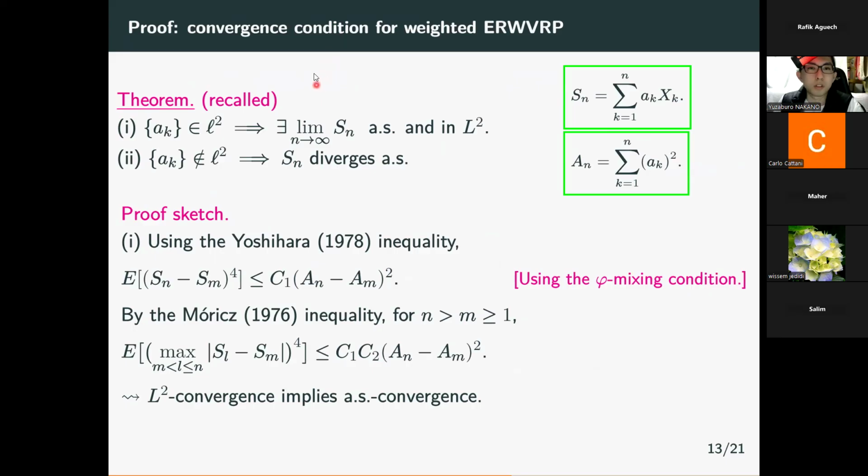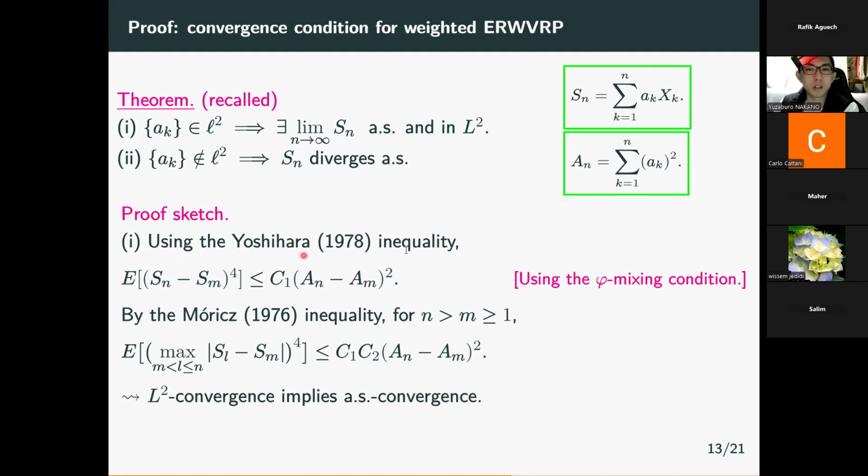And we consider the weighted version of the elephant random walk. We prove this theorem. The first part of this theorem can be proved by a Birnbaum-Marshall or Hölder type inequality.